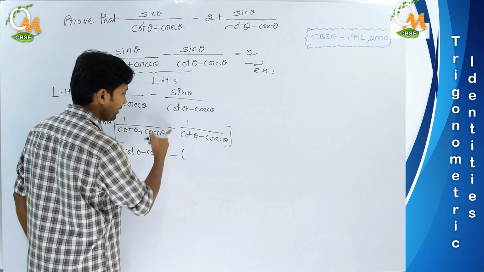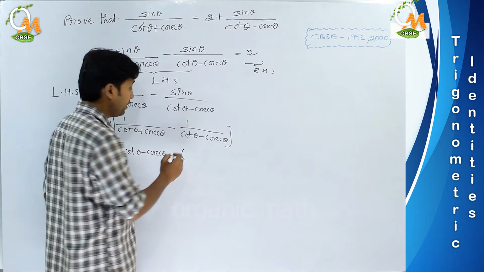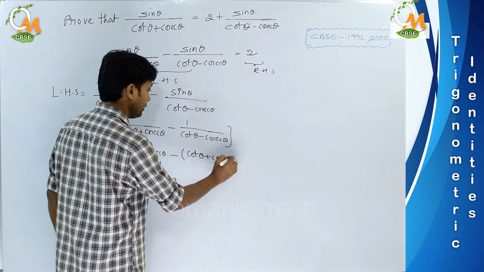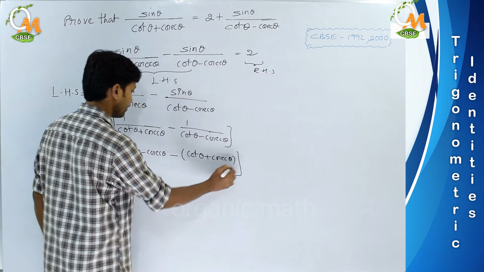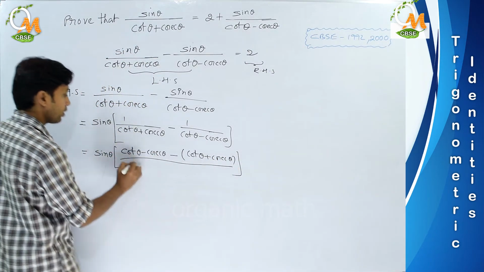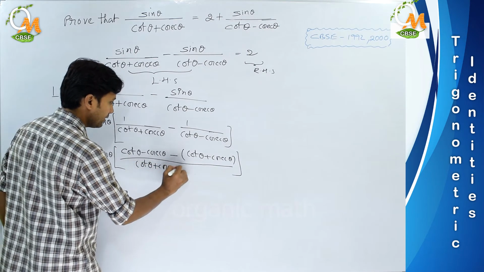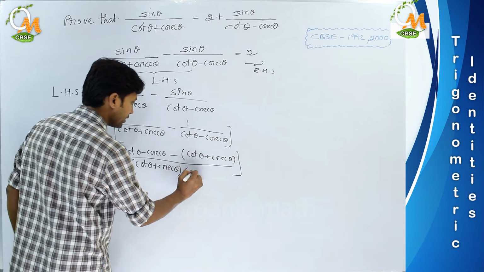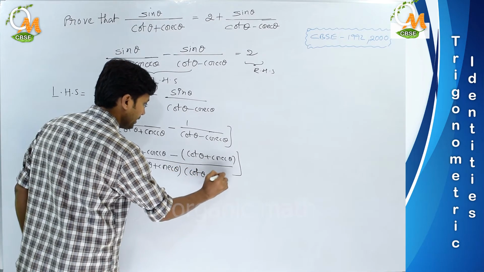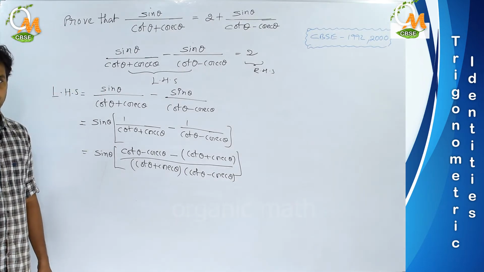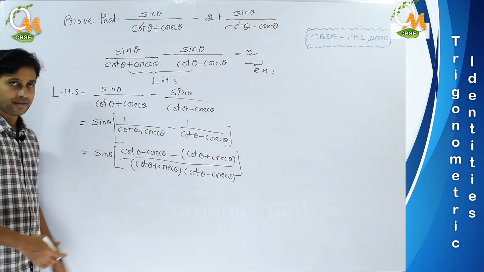We need to put the bracket because we need to take care of the minus symbol, cot theta plus cosecant theta, upon cot theta plus cosecant theta into cot theta minus cosecant theta. This is the simplified expression after taking the LCM.